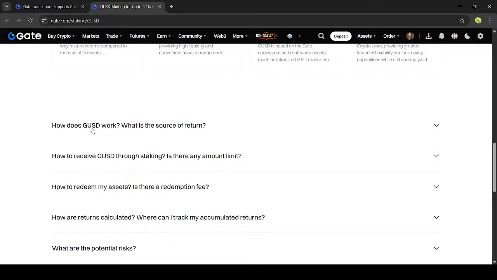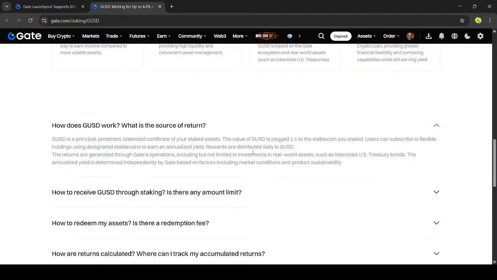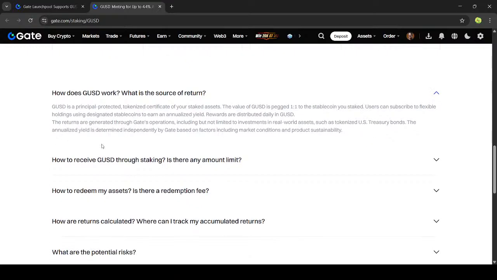So how does GUSD work and what is the source of the return, guys? So I talk about, guys, GUSD is a principal product and tokenization certificate of the staked asset. The value of GUSD is pegged 1:1 to the stablecoin.